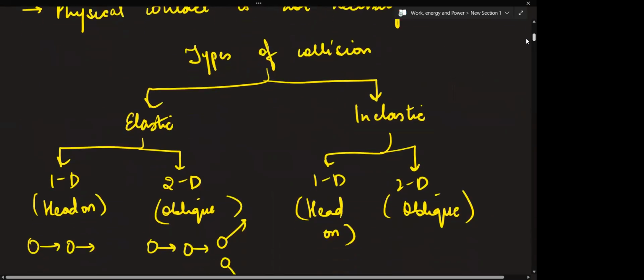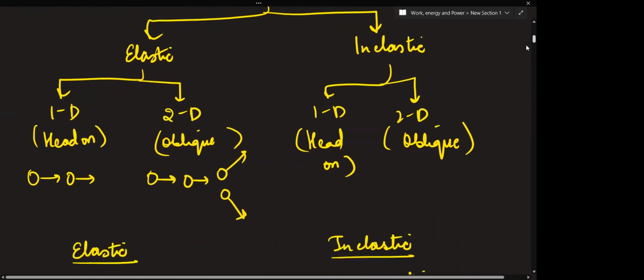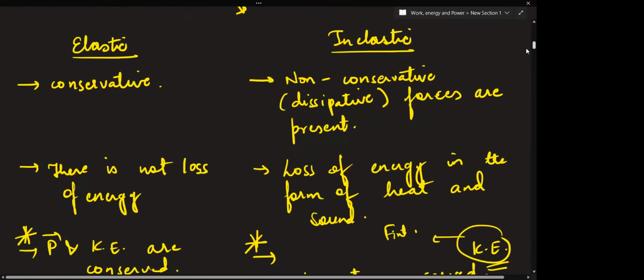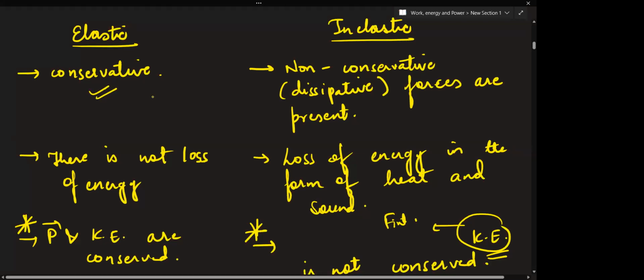Then two types of collision we had seen. One was elastic collision, the other one was inelastic collision. We had discussed the major differences between them. In case of elastic collision, we had seen conservative forces apply. In case of inelastic collision, we have non-conservative forces.